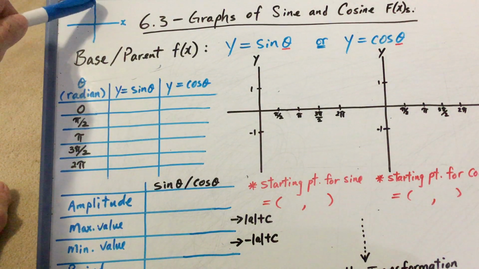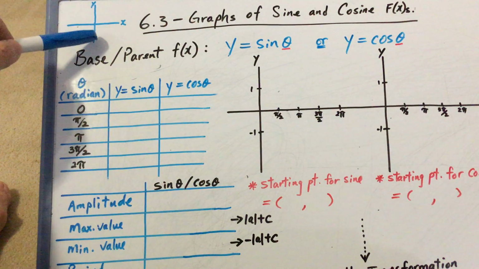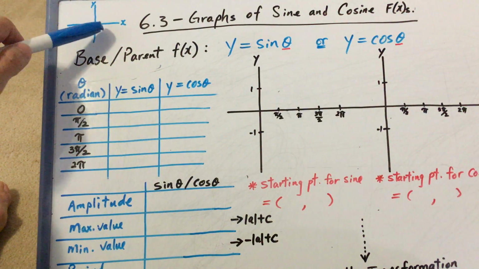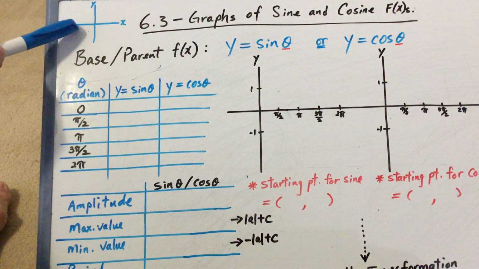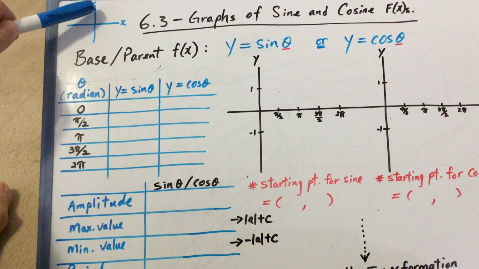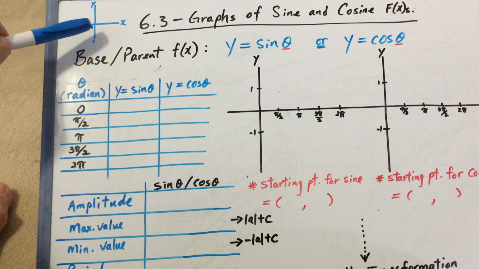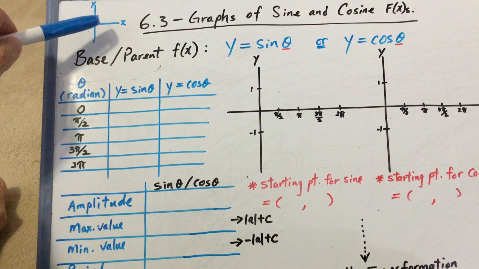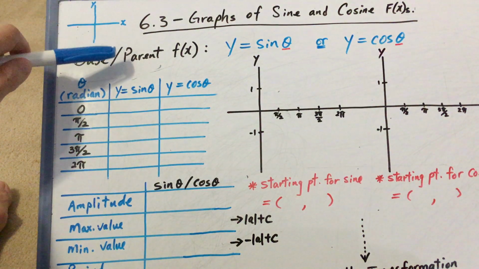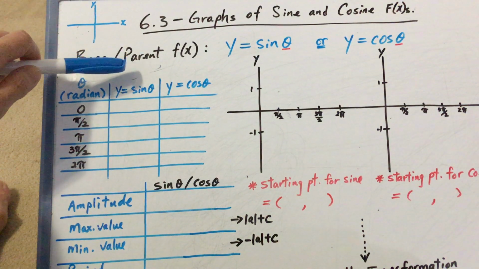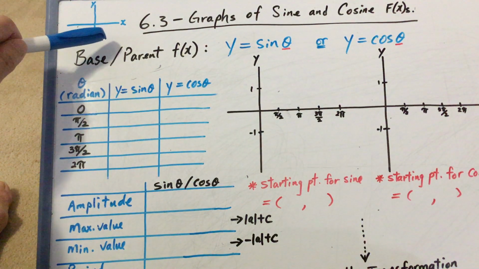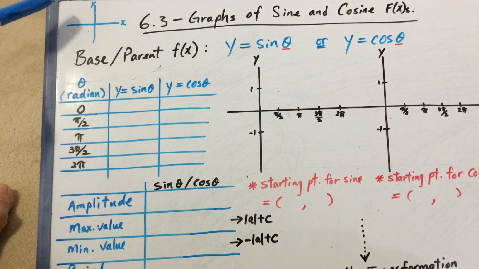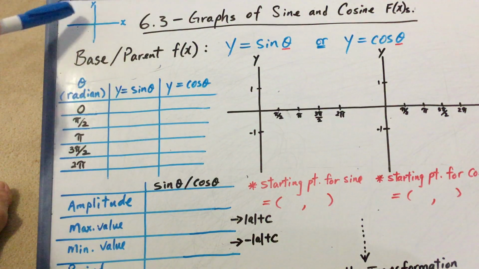I'm drawing the x and y axes here on this corner just to remind you: any angle that lands on the x-axis, here or over there, or any angle that lands on the y-axis, up here or down here, the sine and the cosine of that angle will always give you the exact form. So we're not going to worry about any other angles that do not land on the axis.